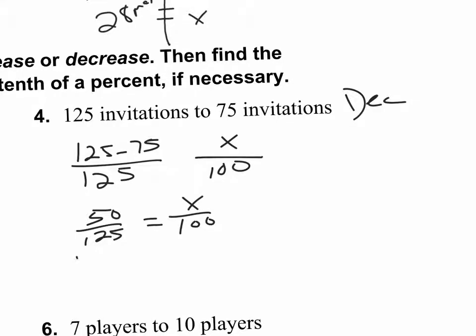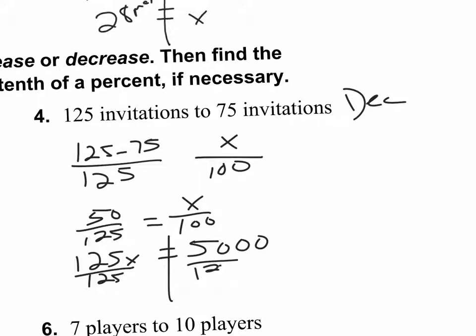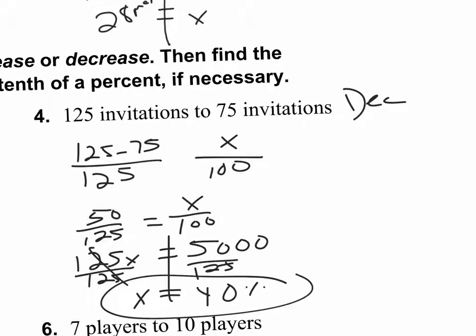We do our cross product, so 125x is equal to 5,000. Draw our line, divide by 125, divide by 125. X is equal to 40%. So it's a decrease of 40%.